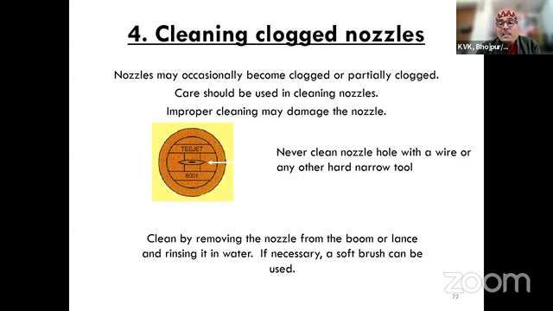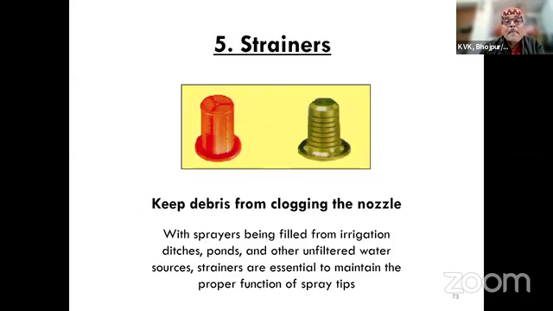Because if you use a wire, it will widen the gap and the efficiency of the machine will reduce a lot. The fine mist particles will become larger droplets, the spray mist will not form properly, and ultimately the result will be minimized.